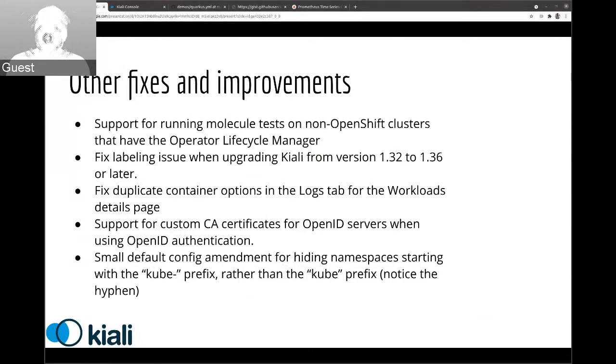These are minor improvements, but it doesn't mean that they are not important. The first one is about support for molecular tests. This is more about our testing infrastructure, about how we are doing testing.